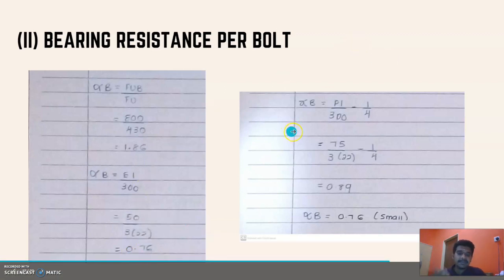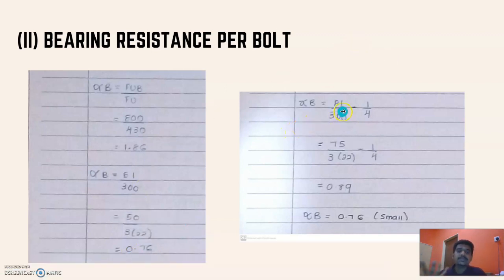After that, for alpha b, we search p1. We take p1 over 3d0 minus 1/4, which is 175 over 3 times 22, minus 1/4. We get 0.89. The total answer of alpha b is 0.76, the smallest one.